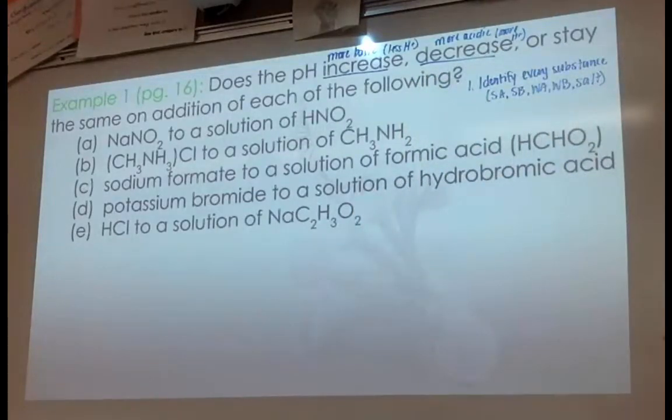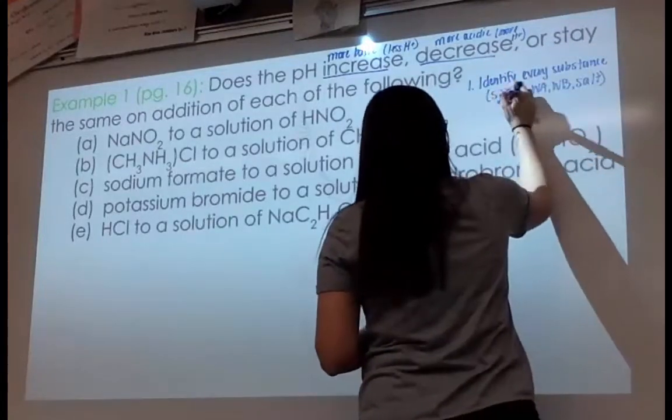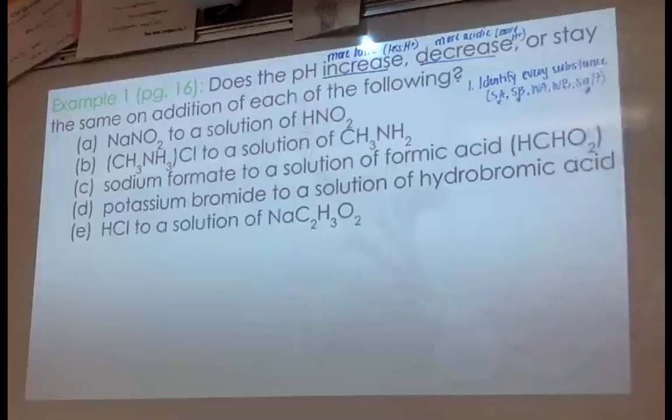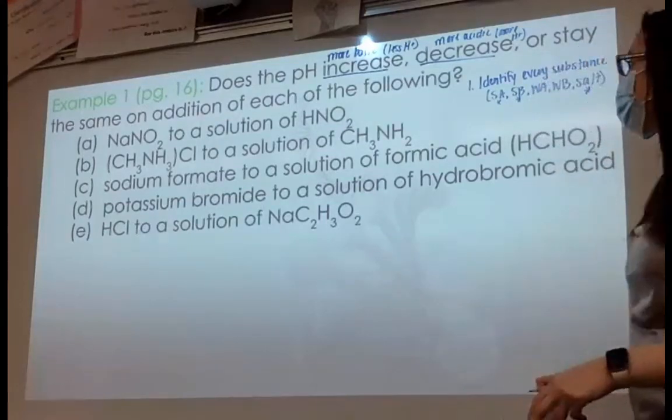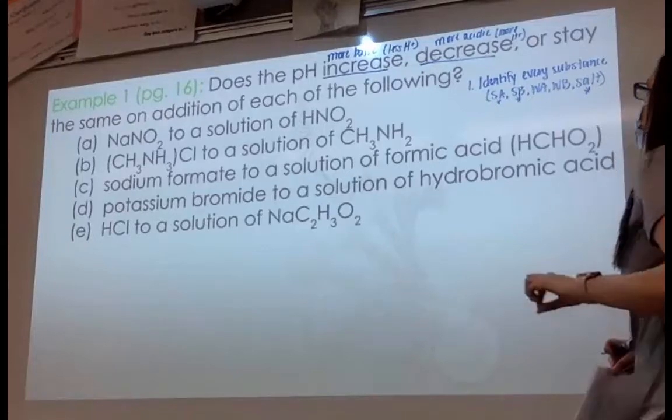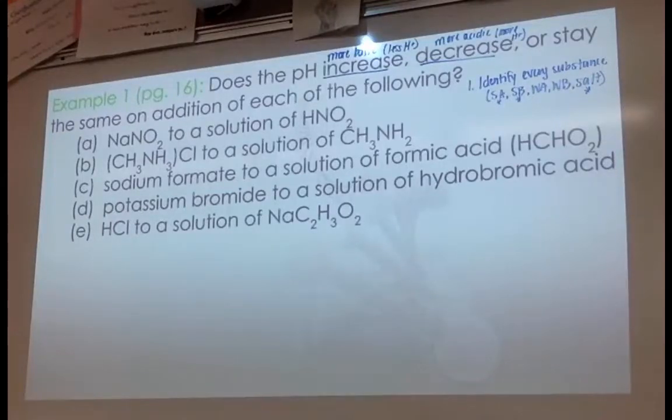Because remember that strong acids, strong bases, and soluble salts, which usually will be potassium, nitrate, ammonium, sodium, or chloride, are always completely soluble. They completely break apart. Weak acids and weak bases exist at equilibrium.